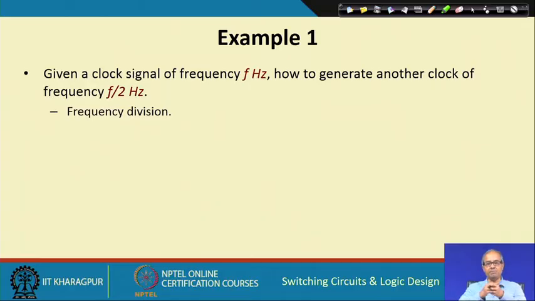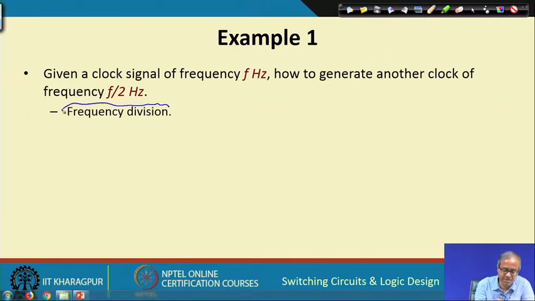Let us see how these flip flops that we have designed, how they work, and how they can be used to carry out certain very useful things. The first example we considered here is one of frequency division. What do you mean by frequency division?